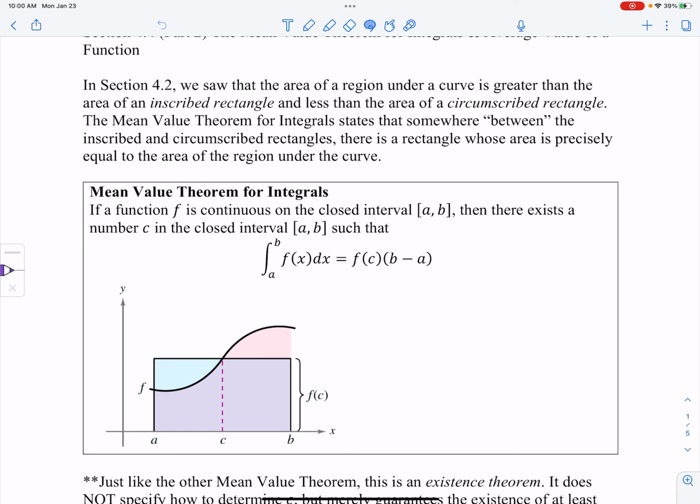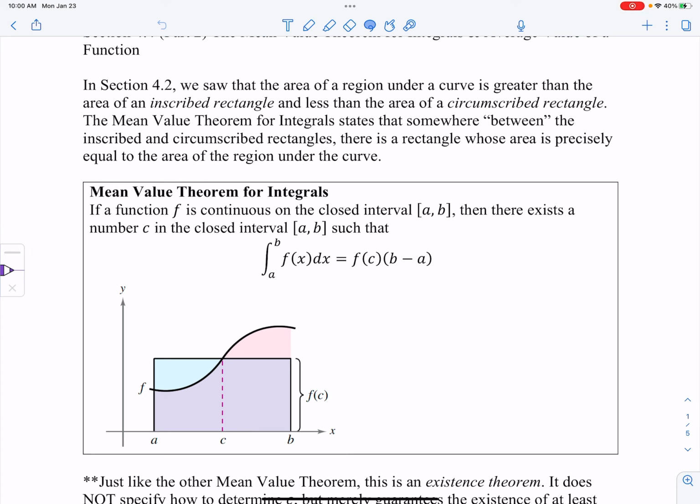The lowest, because you would be using the lowest function value. And then if you used a circumscribed rectangle, which would correspond to the upper sum, it would be the largest function value on the interval, and therefore the largest possible area to approximate.